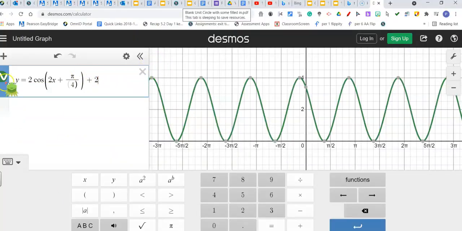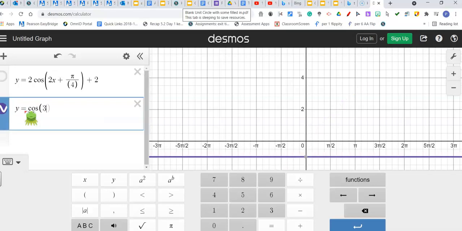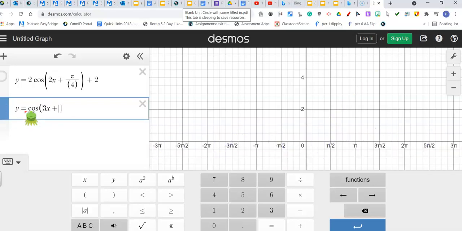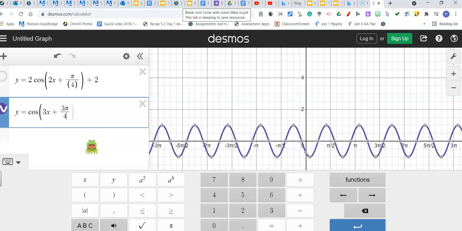That's a different one. So let's graph this one. y equals cosine of (3x plus 3 pi divided by 4).